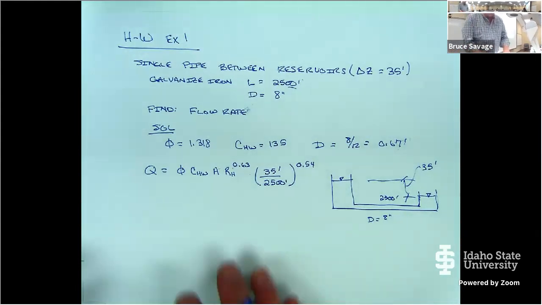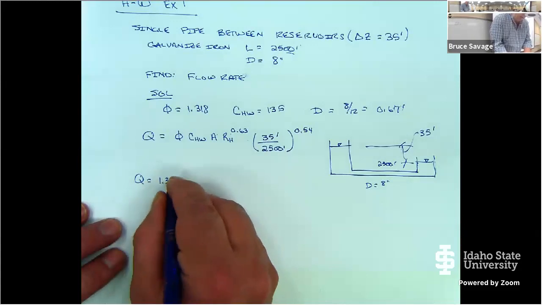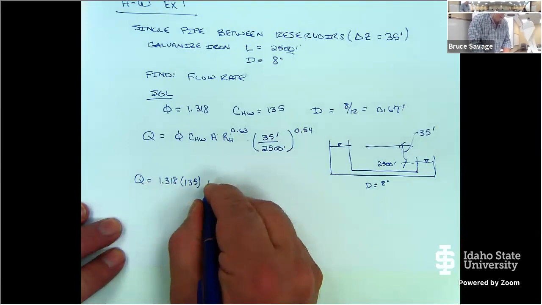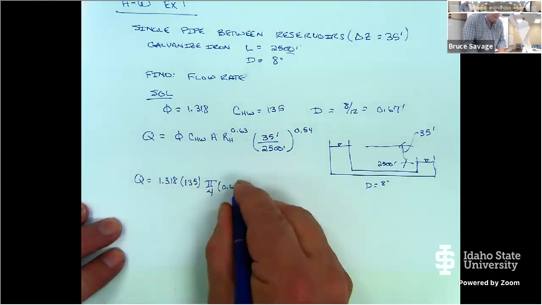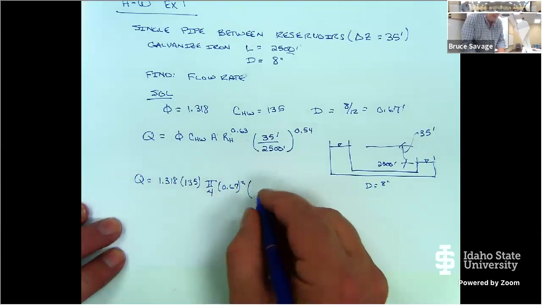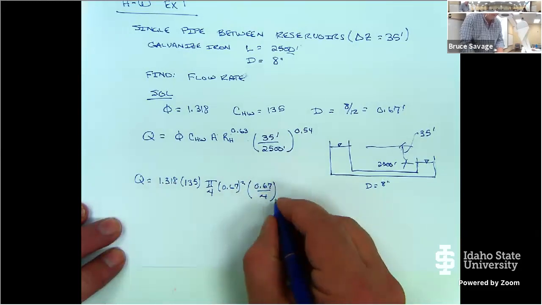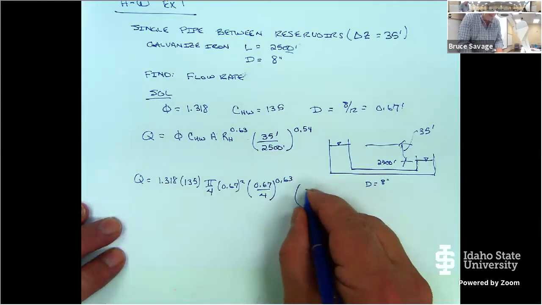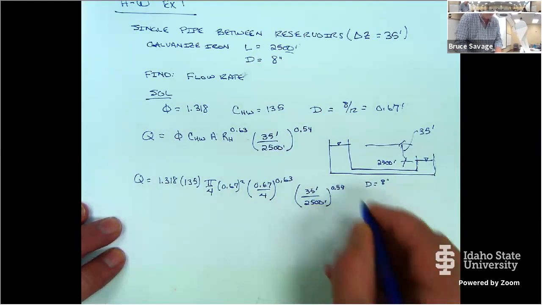So from here, it's plug and chug. Q is equal to 1.318 times 135 times the area, which is pi divided by 4 times 0.67 squared, times the hydraulic radius, which is diameter divided by 4, 0.67 divided by 4, raised to 0.63, times 35 divided by 2500, raised to the 0.54.